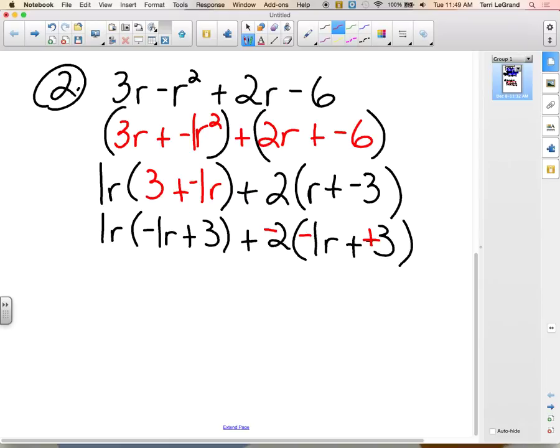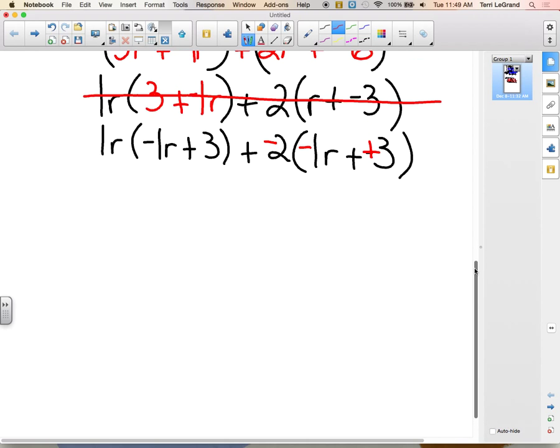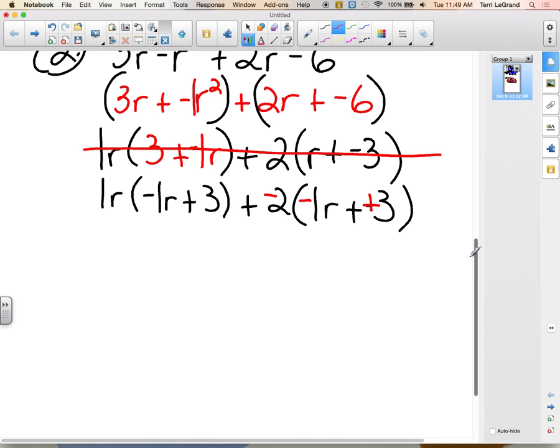I'm just going to put a line through it, and I'm going to show that instead what I use as a GCF is negative 2 rather than positive 2. Because now my binomials match, that binomial is the GCF of the whole thing. So we're going to write negative 1r plus 3.